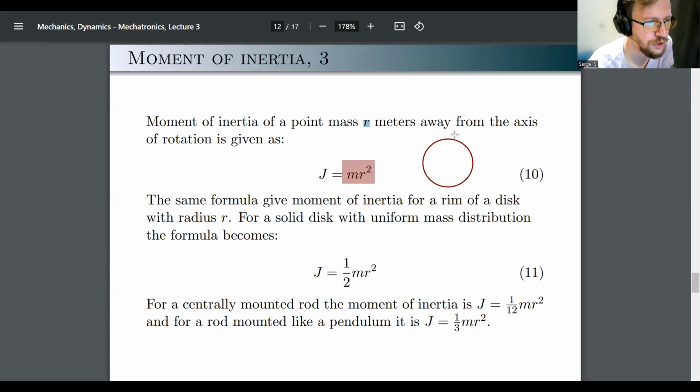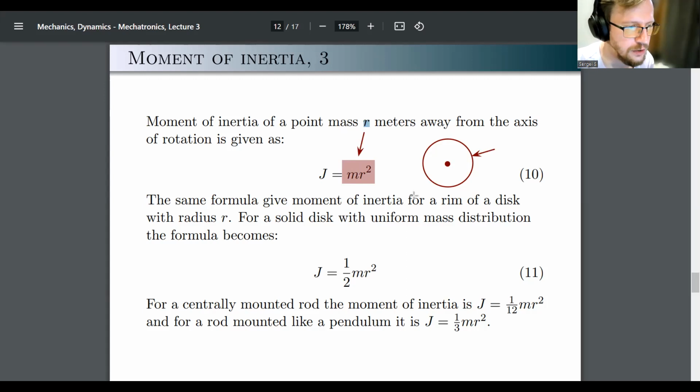If it has radius r and we compute the moment of inertia with respect to the axis at the center of the disk, the formula will be exactly the same, because it is just a bunch of points whose individual moments of inertia are governed by this formula, and the total mass is m. After you take the integral, you get this again.